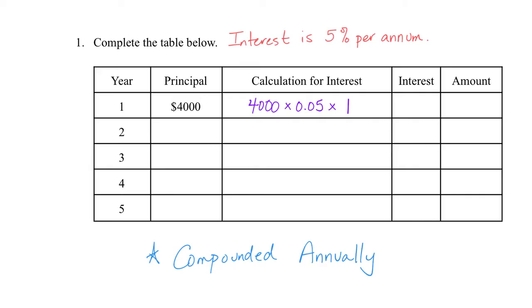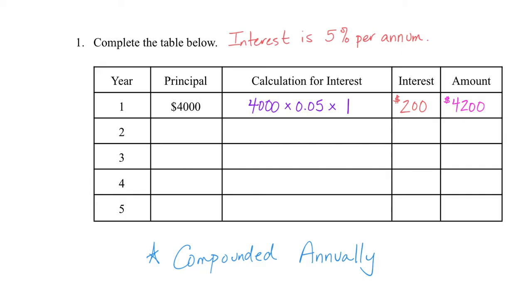So if we go through and we push some buttons and we calculate that interest, we should have found that got us an interest of $200. And if our principal was $4,000 and we just earned $200, then that gives us a total amount of $4,200. So you use that top row as a check. How well did we do?